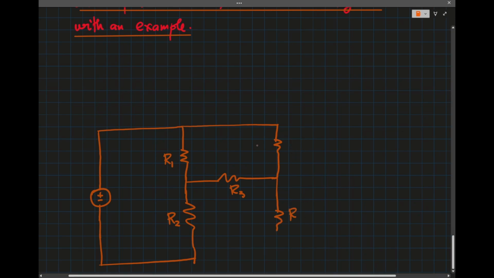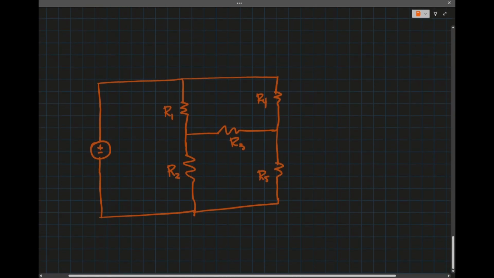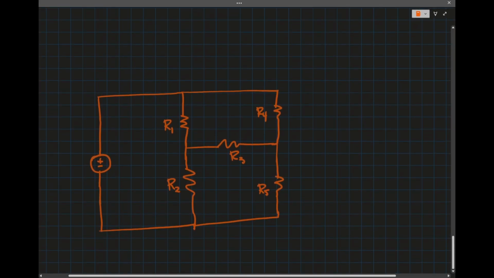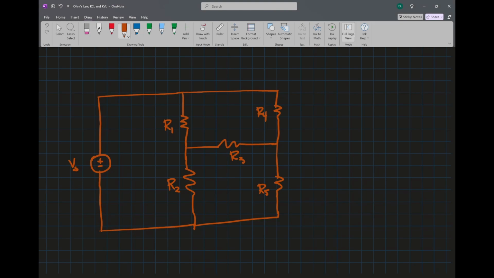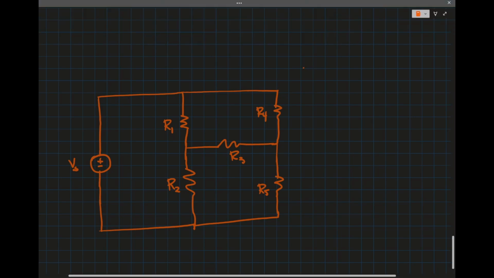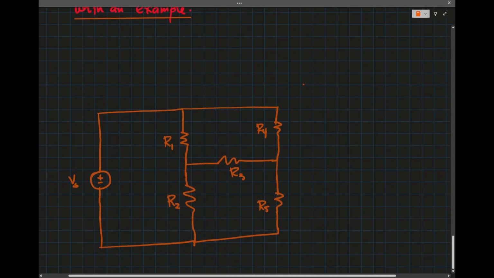So let me put R4 here and R5 here. Now this is the network. Let's say this is VS.